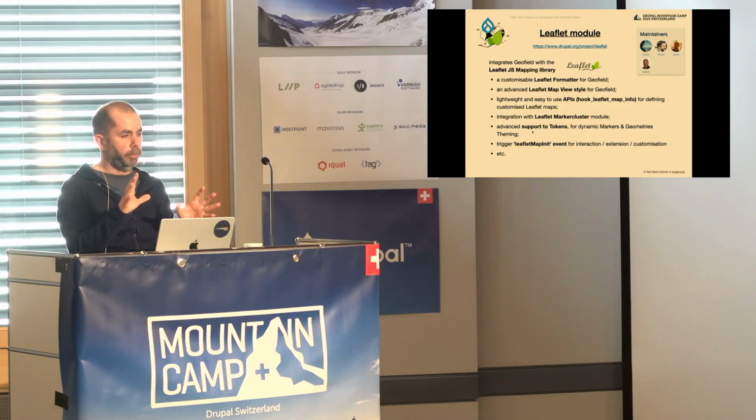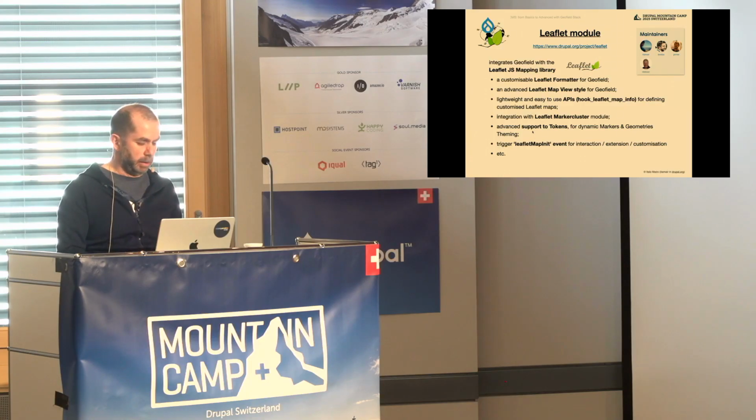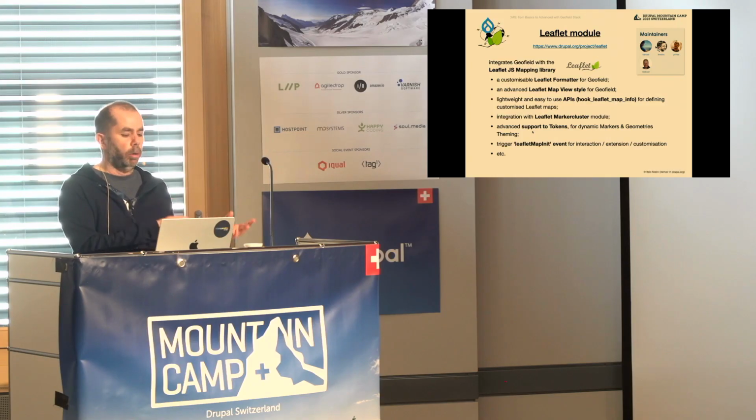So the map is themed dynamically depending on the properties of the entities. This is the beauty of Drupal and geomapping, okay? Because it takes advantage of all the entity API and all the pros of Drupal content management system.